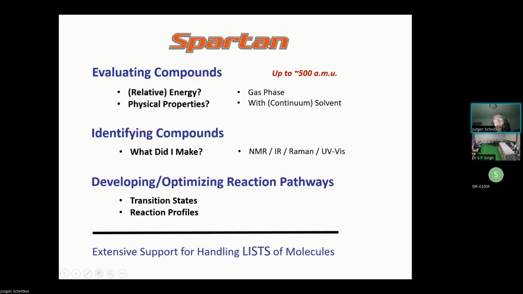Here is a slide about chemistry applications. What do people actually use the program for? It ties in a little bit with what Yatindra already mentioned. Evaluating compounds: what's the energy, what are the physical properties, getting an idea about something new that you might think of making or already made in the lab. Typically up to 500 atomic mass units is the max.